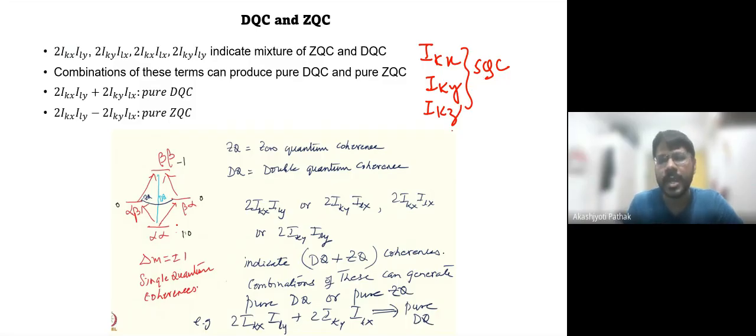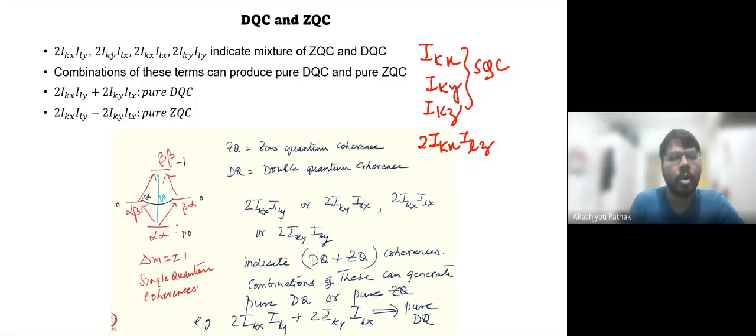While if you have terms like 2IKX ILZ, this was X magnetization of spin K, antiphase with respect to spin L. These are a mixture of zero quantum coherences and double quantum coherences.